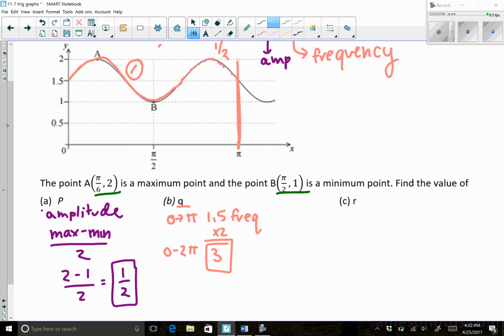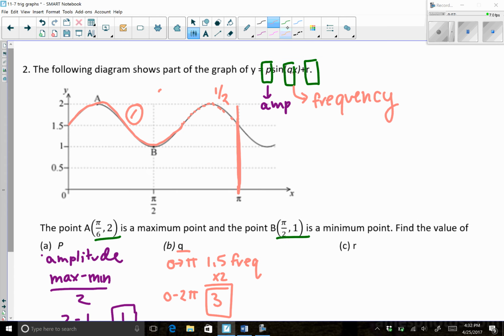And finally, they're asking for the r value. The r value is telling us what our vertical shift is. It looks like we're going up. If we want to figure out how far up or how far down, it helps to find the midline. If you're a little stuck in finding the midline, you could add the max and min and divide by 2.